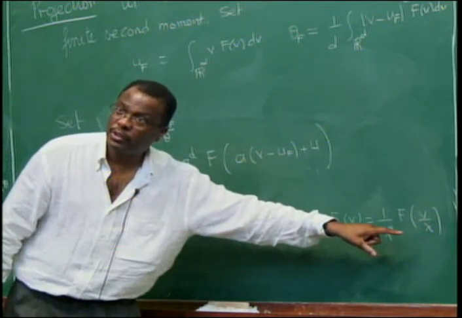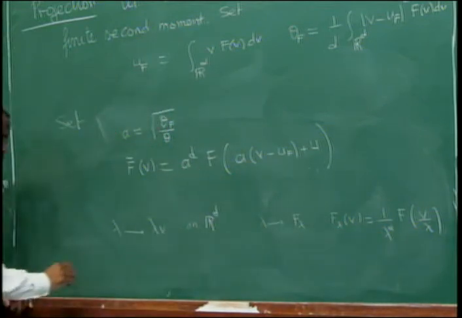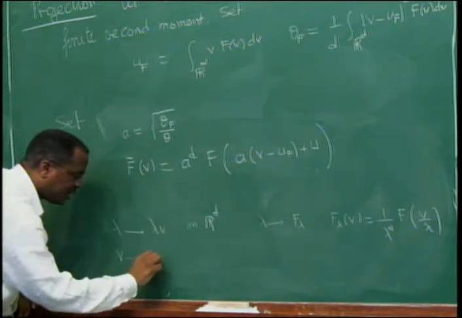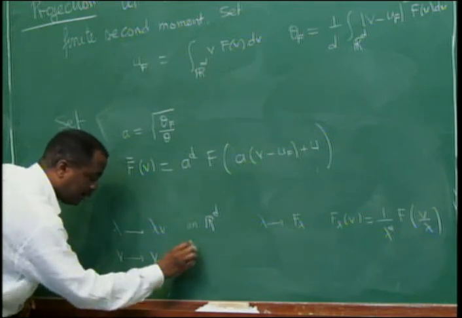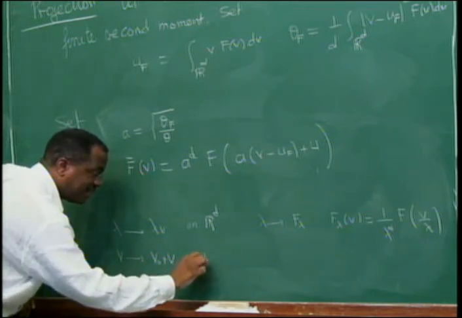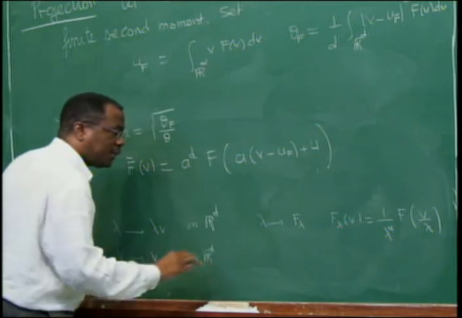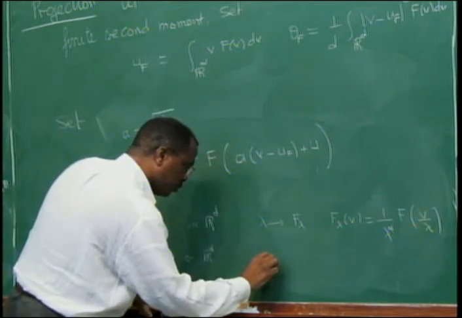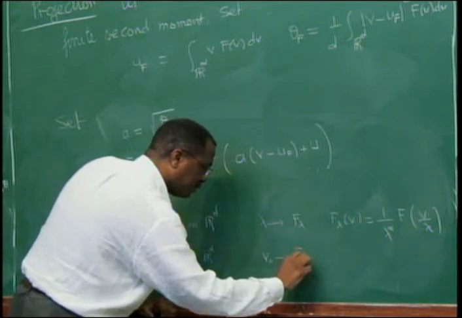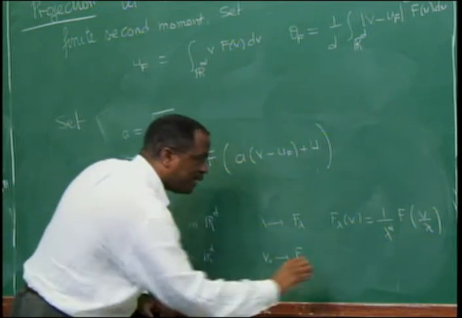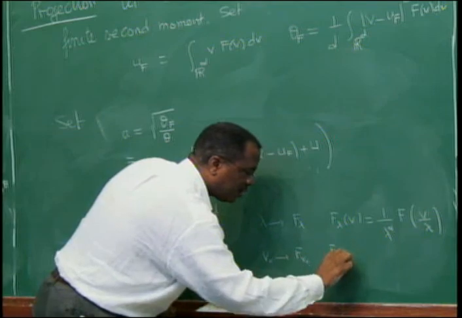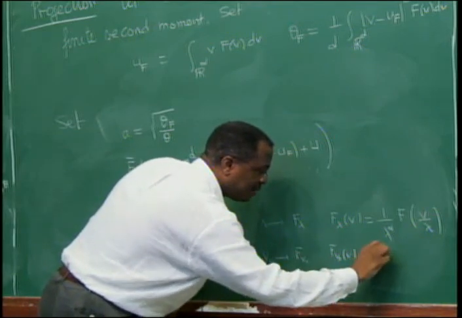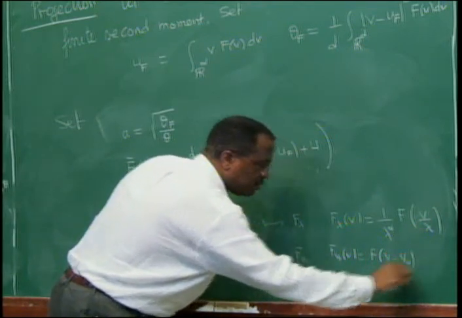Now the operation which to V naught associates V plus V naught on R^D, the translation, what does it correspond to? It corresponds to the operation which to V naught associates F V naught, defined by F V naught of V is F of V minus V naught.